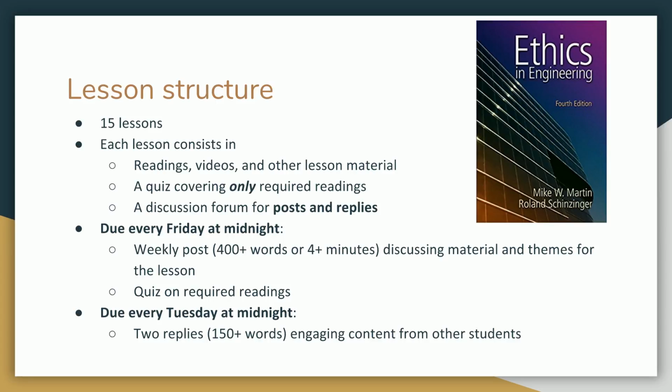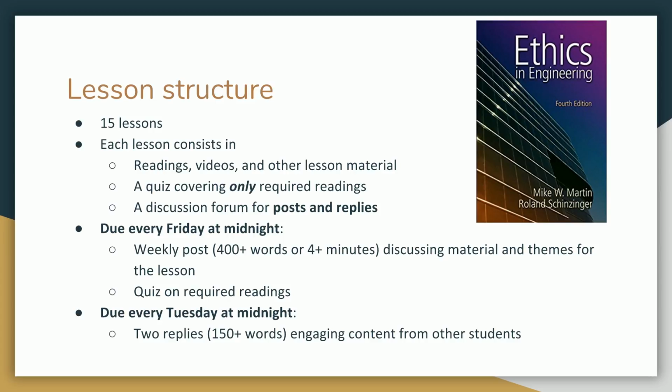After you go through the material, there's a quiz. The quiz is a reading quiz, and it only covers the material marked as required reading. So the only difference between required reading and optional reading is that the required reading appears on the quiz. You have to go through the required reading in order to answer the quiz. The optional reading doesn't appear on the quiz.